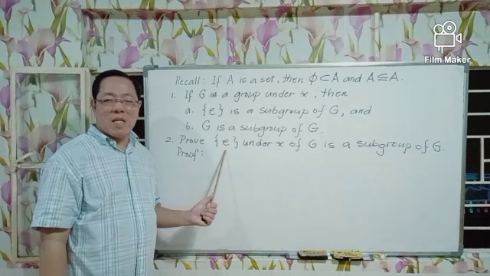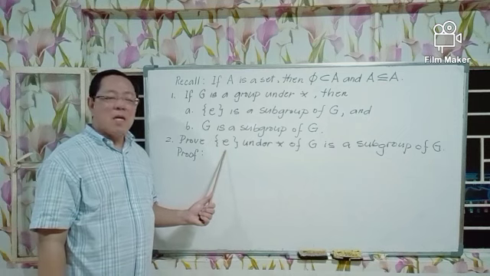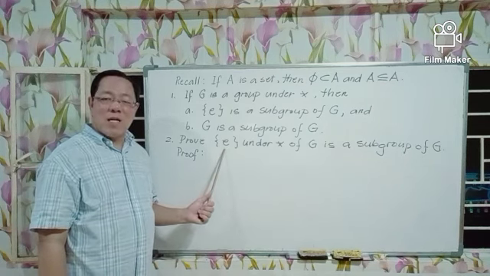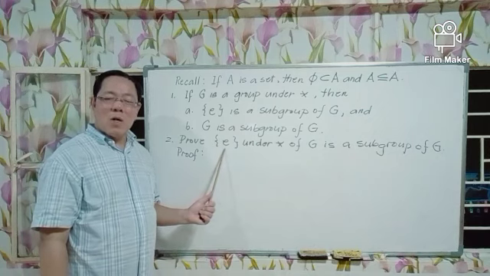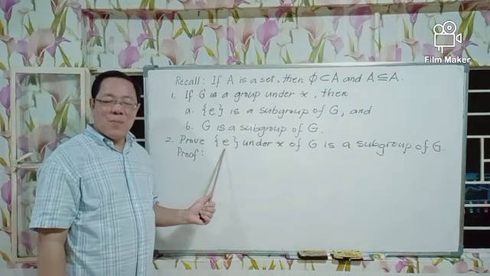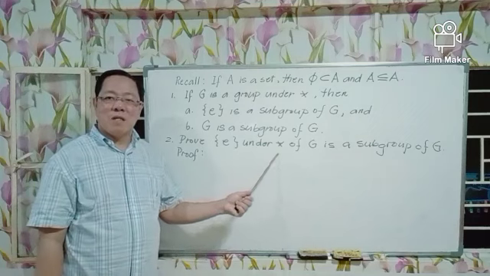Take any two arbitrary elements of the subset of G. But in our example, this subset has only one element, so we combine this element with itself by the binary operation star.